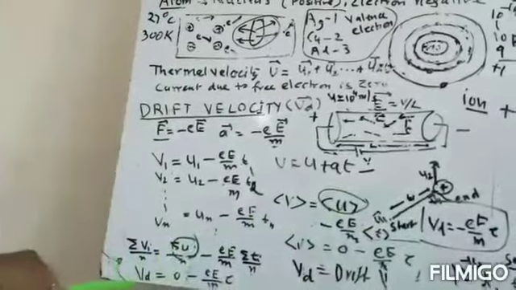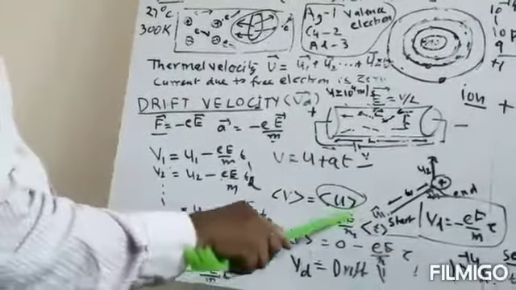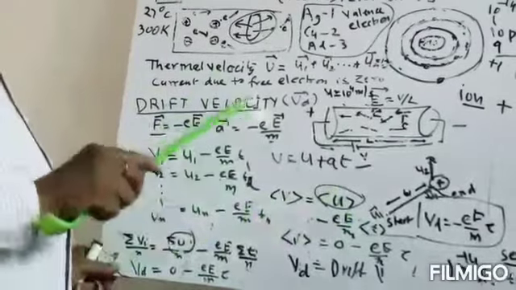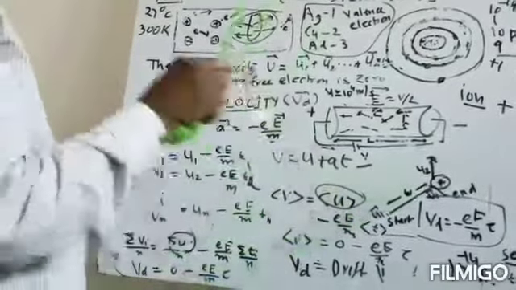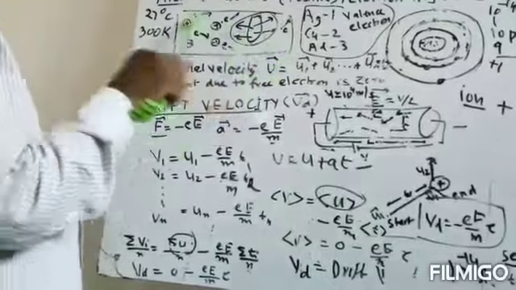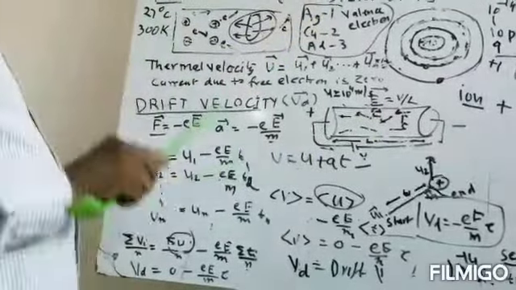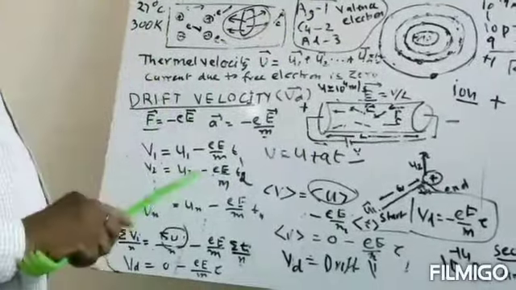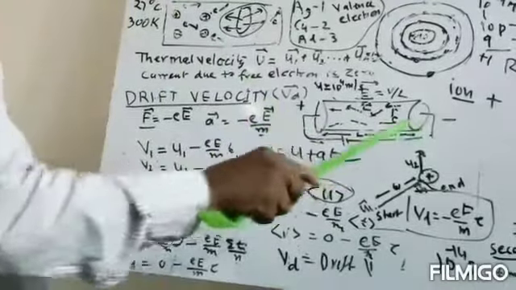Now, what is the drift velocity? If there is no electrical field, then there will be no drift velocity. Drift velocity will be due to the external electrical field.